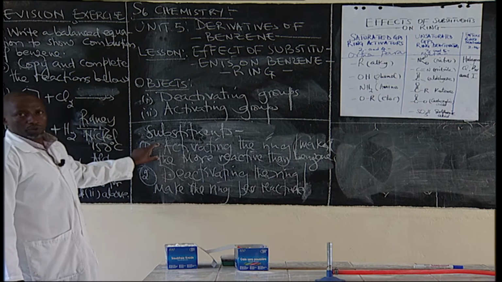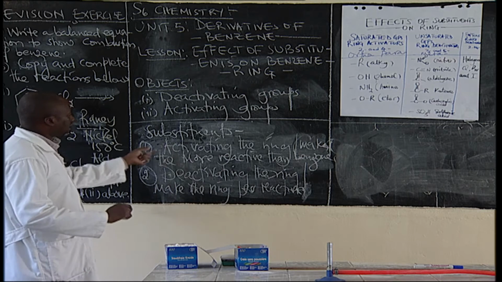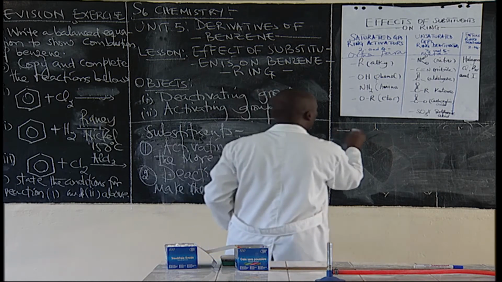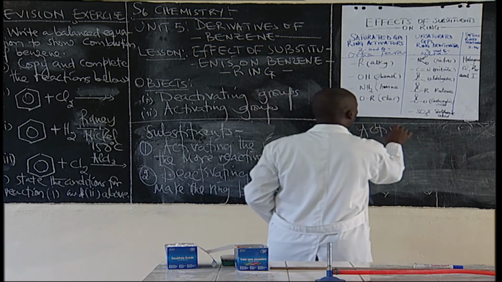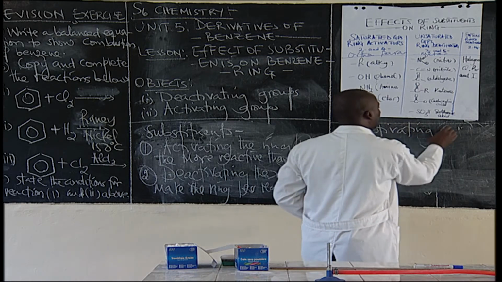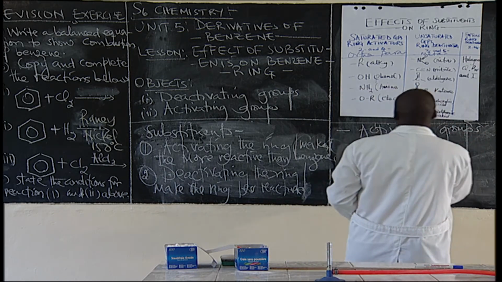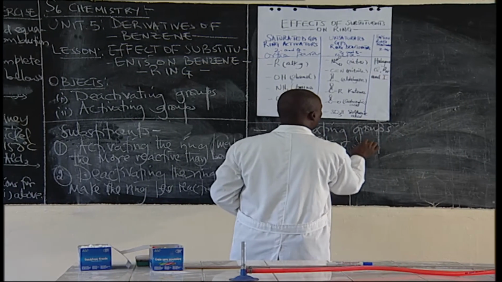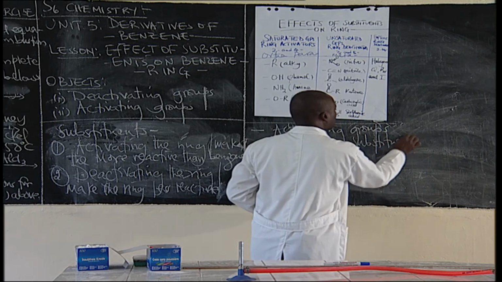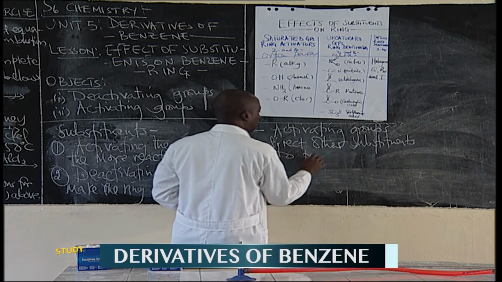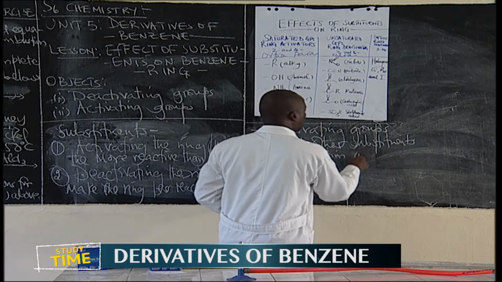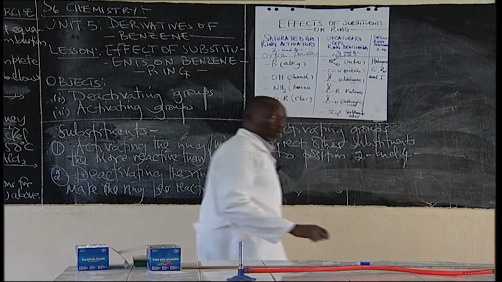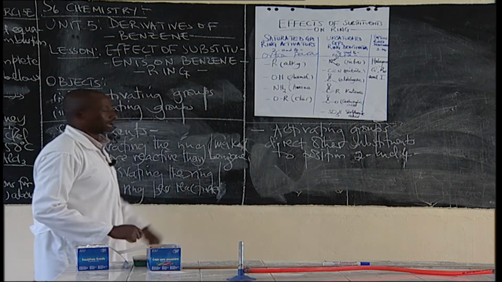Another important thing that we need to note down is that activating groups direct other substituents to position 2 and 4, where we have said that is ortho and para positions.